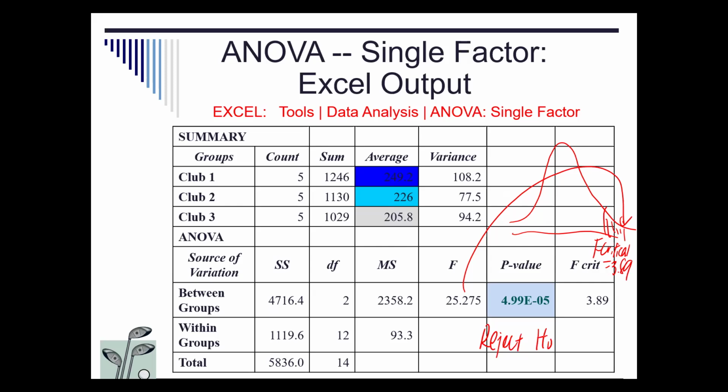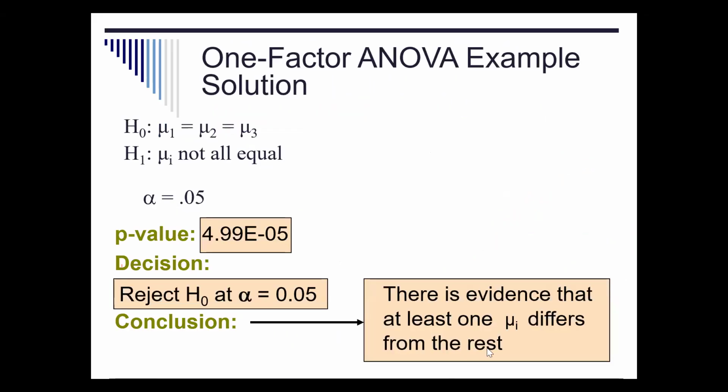That means at least one population mean is different among all three clubs. That's our conclusion. You look at the p-value, so small, less than alpha, so reject H0, meaning there's sufficient evidence that at least one population mean differs from the rest. So we basically successfully completed the hypothesis test for one-way ANOVA, one-factor ANOVA.